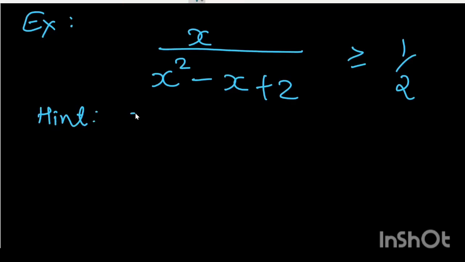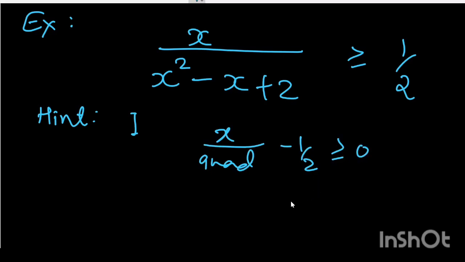The first approach seems like we take minus half, x upon this quadratic, and then solve. But for that, when you solve it, you have to use the wavy curve method that we will see later. And for the quadratic, we also have to see whether it is factorizable or not. This is one of the methods.